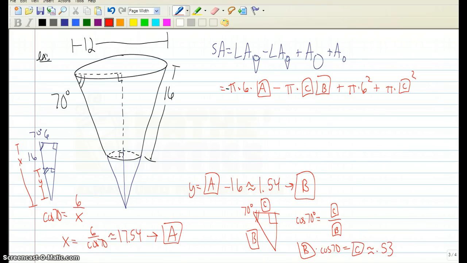So there's everything in the calculator, and when you plug it in, it gives you an answer of about 442.09 units squared.